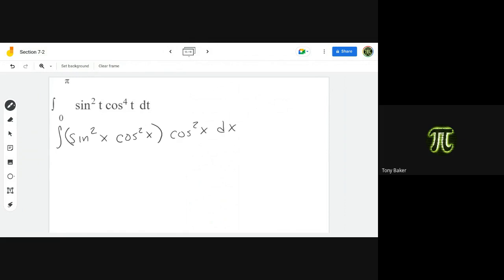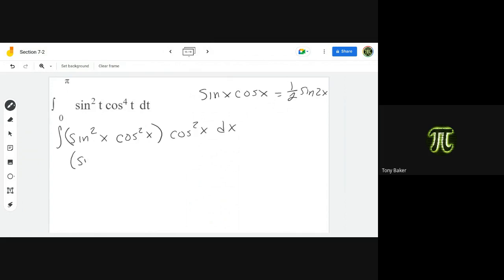So the rule stated that sine x cosine x equals 1/2 sine 2x. I always have to look these up because I never remember those little ones. All right, but I've got it squared.